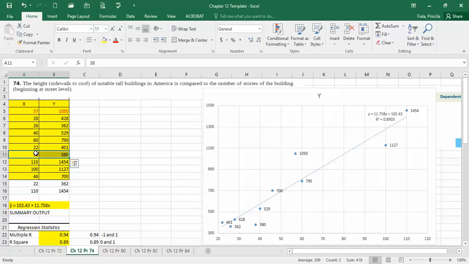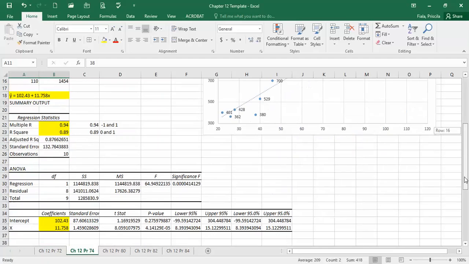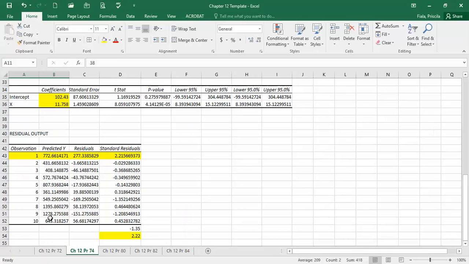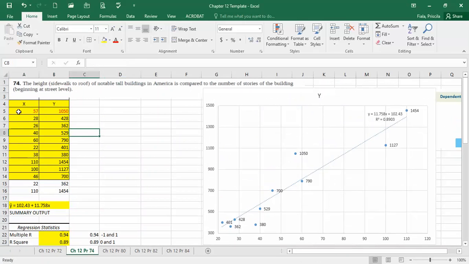So it's saying that this point right here could possibly be an outlier, but is still within my two standard deviations. But this, no, this is really out there. And even this one right here, 100, that would be my ninth observation, is still within two standard deviations, therefore not an extreme outlier. So in this case, just this one.